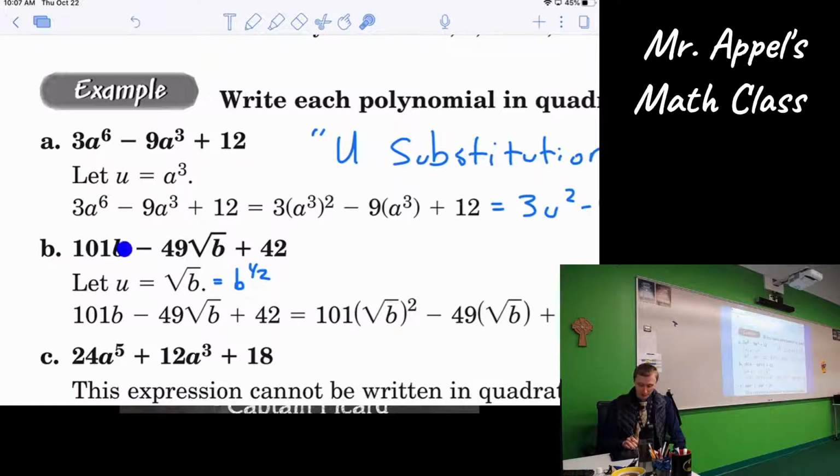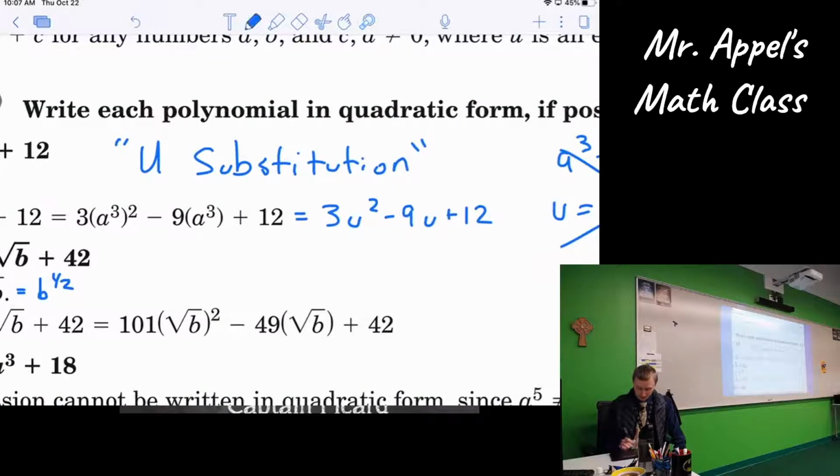So this now becomes a u squared, just a u term, and then our constant. Right? Again, this is 101 u squared minus 49 u plus 42. You could solve that if you had to, right? Now it's a quadratic. It's easy.